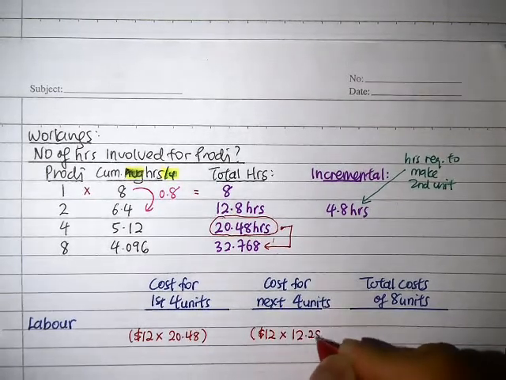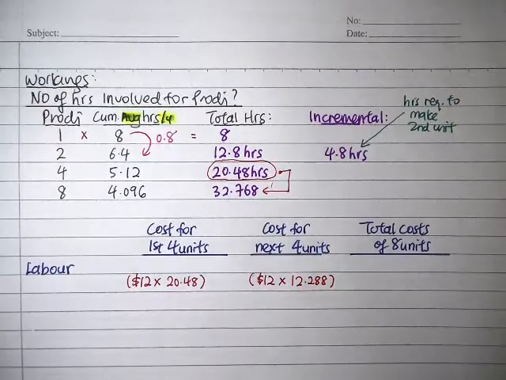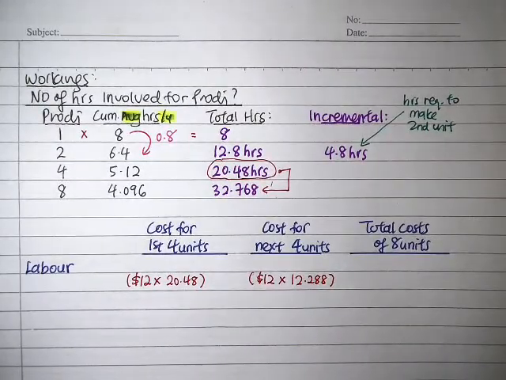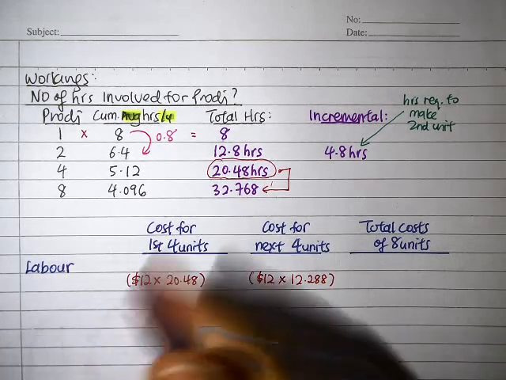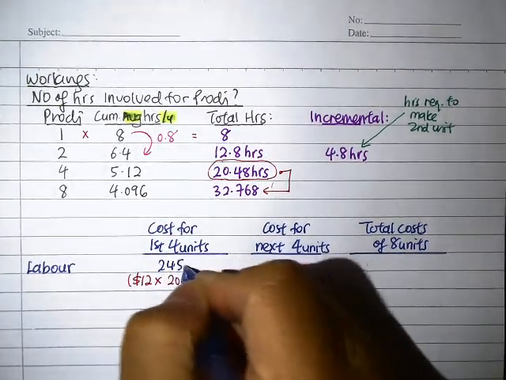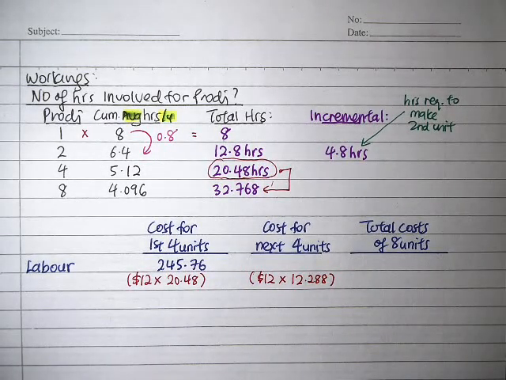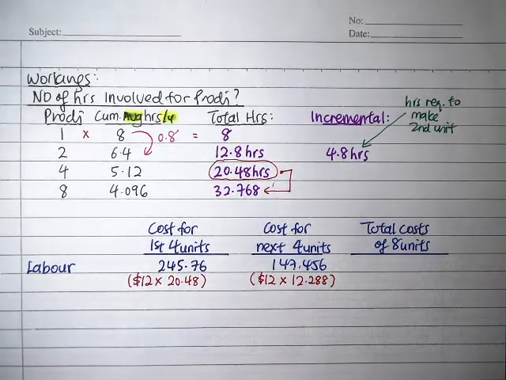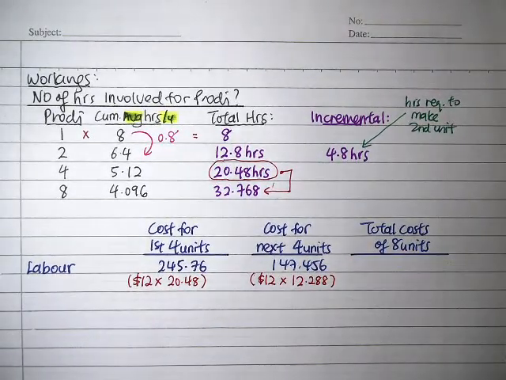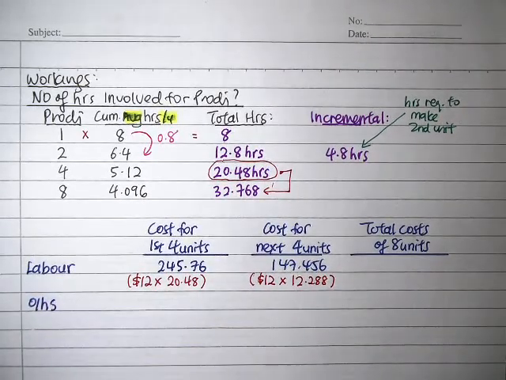So it's actually 12.288. Right, so we actually have 245.76, 147.456. Right, the overheads will be absorbed based on $3 an hour.